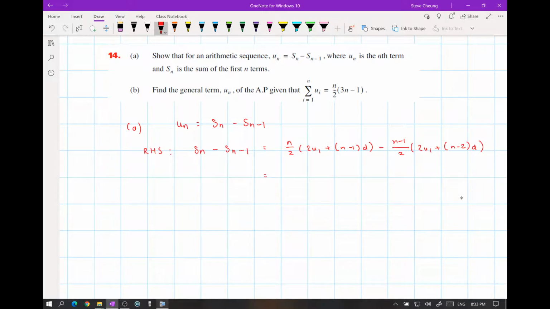Can I make this simpler? Ooh, I don't want to do it this way.